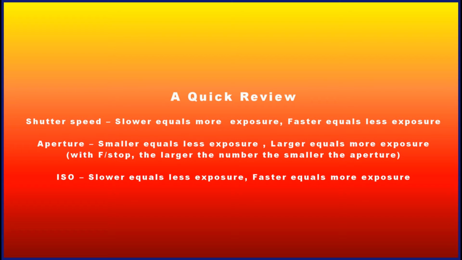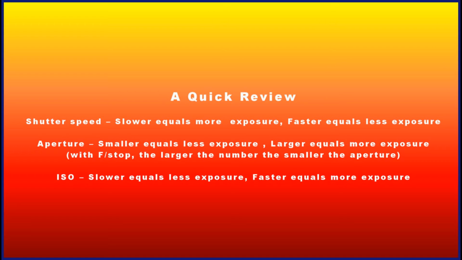Shutter speed, remember slower shutter speeds equal more exposure, faster shutter speeds equal less exposure. The aperture, smaller equals less exposure, larger equals more exposure. And again, remember, the smaller numbers are larger openings, the higher numbers are smaller openings.